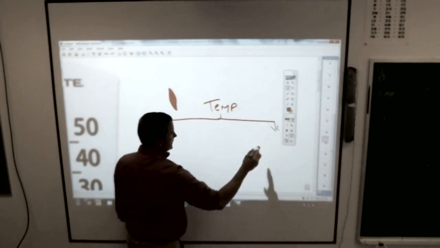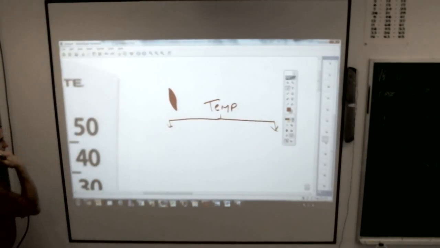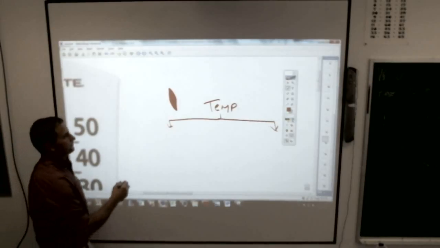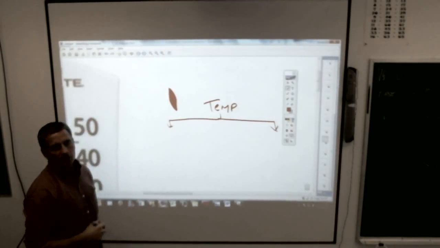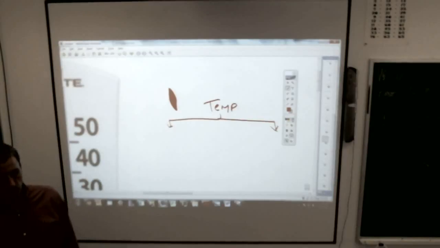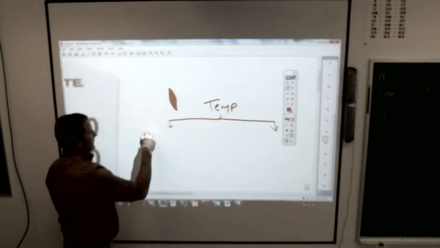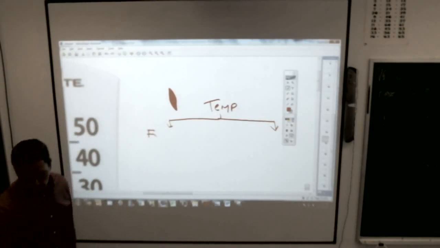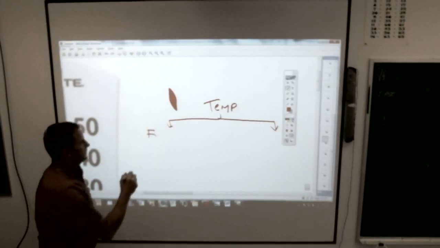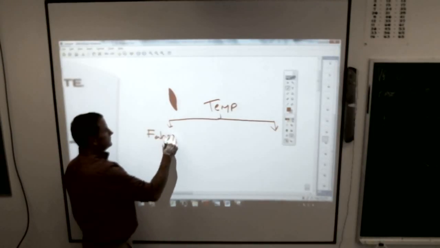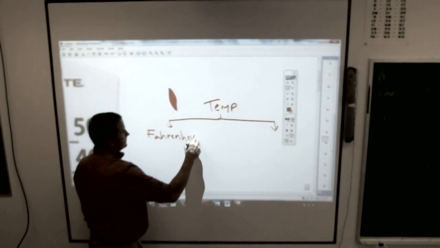One of my favorite things is we are stubborn American people, yes? We have two different measuring systems for temperature. One is our little Fahrenheit system. I'm gonna spell it because it's really hard. Fahrenheit.